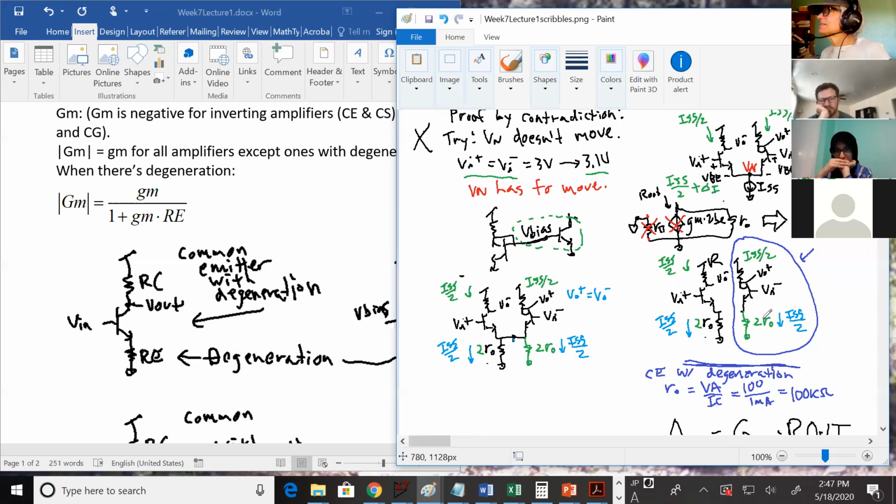Okay, good. Questions on that? So if somebody asks for the theoretical common mode gain, it's a common emitter with degeneration of 2RO.